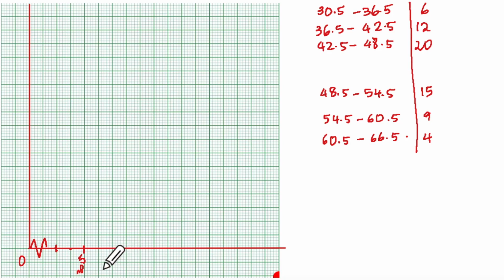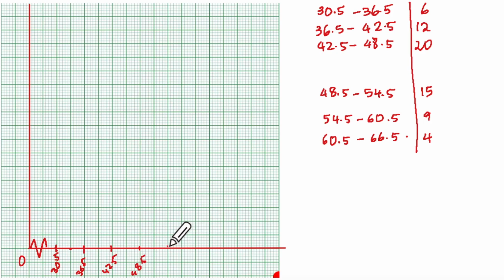Sorry, not frequency polygon, histogram. I think you could take from here, 30.5, and this will be 36.5. Then next one is 42.5, and this is 48.5.